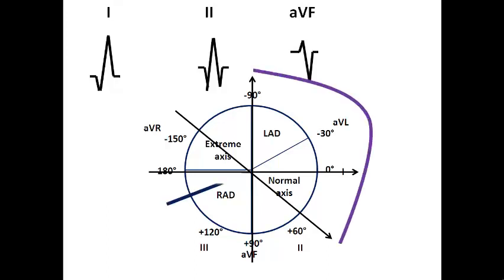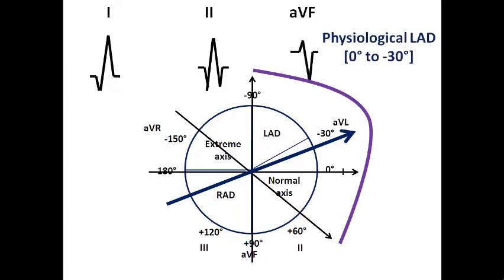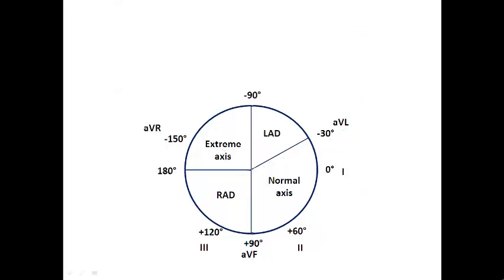So here we can expect that the axis of the heart is between plus 60 degrees to minus 90 degrees, so this patient has physiological left axis deviation between 0 degrees to minus 30 degrees. So it is not left axis deviation, no, it can still be normal, because lead 1 and lead 2 are both predominantly positive and aVF is negative.